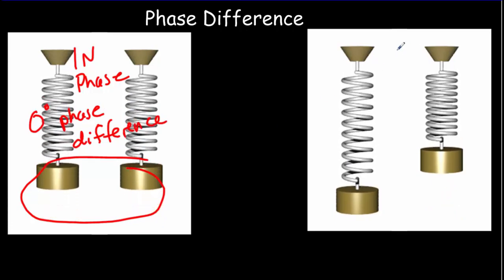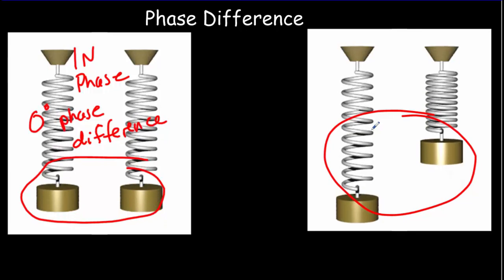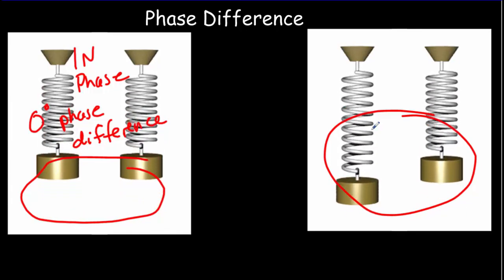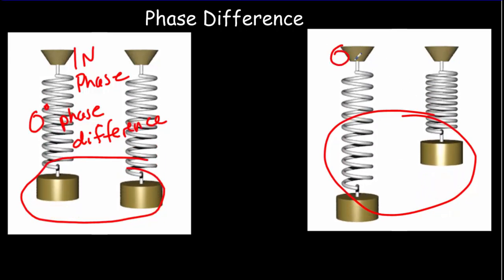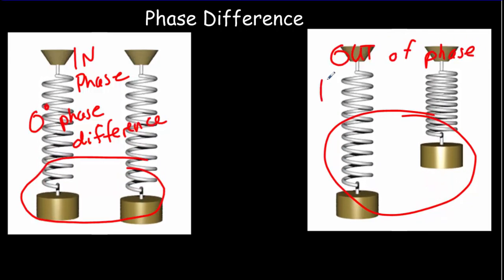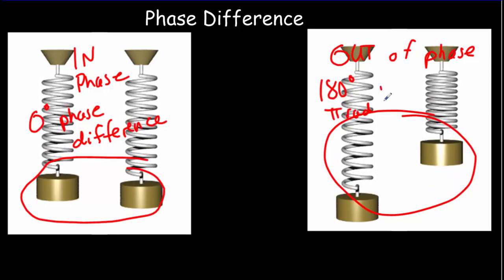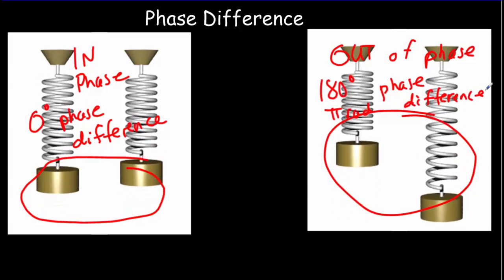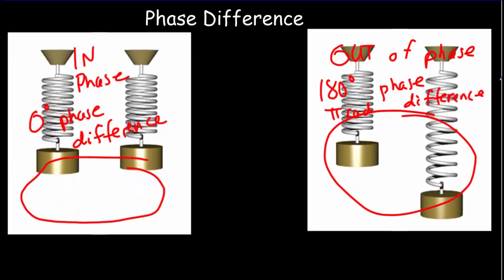If we've got two masses like here, where they're doing exactly the opposite, one's at the very top of its motion when the other's at the very bottom of its motion, then we would say that they were out of phase. Or we'd say that there was a 180 degree, or alternatively pi radian, phase difference. And notice that that's the maximum phase difference that we can get. You can't get a phase difference bigger than 180 degrees.